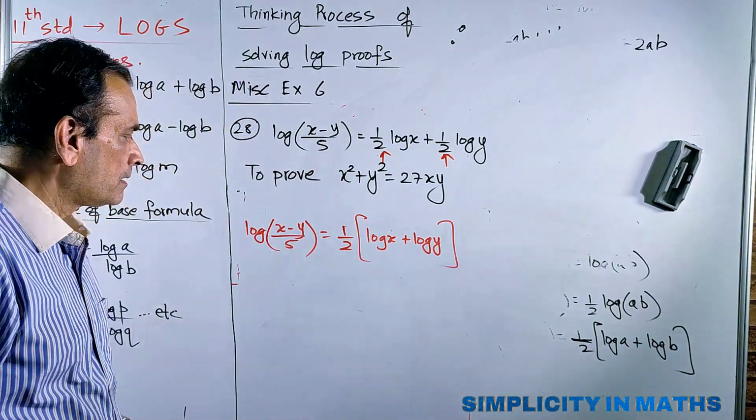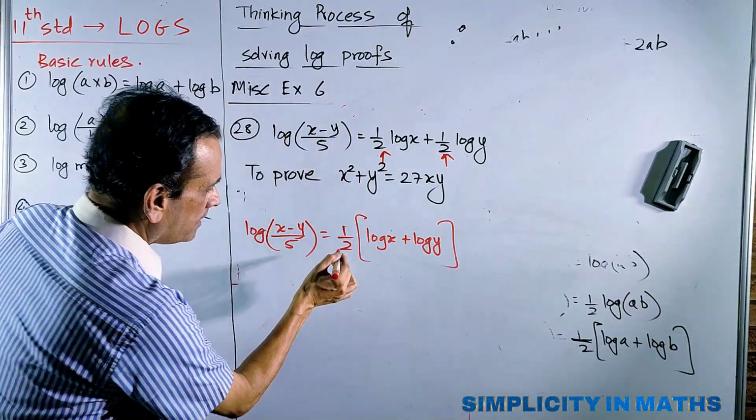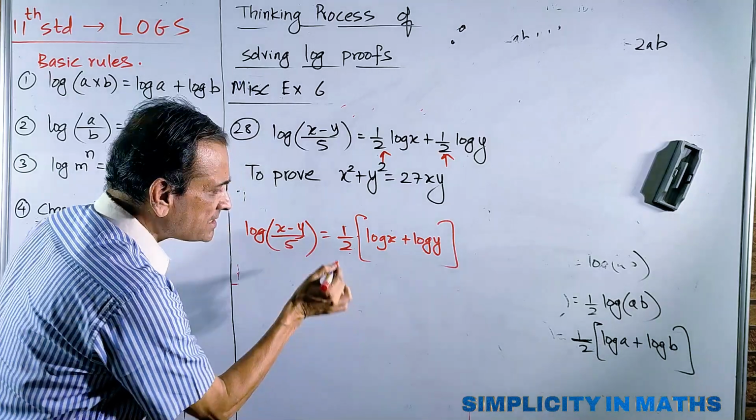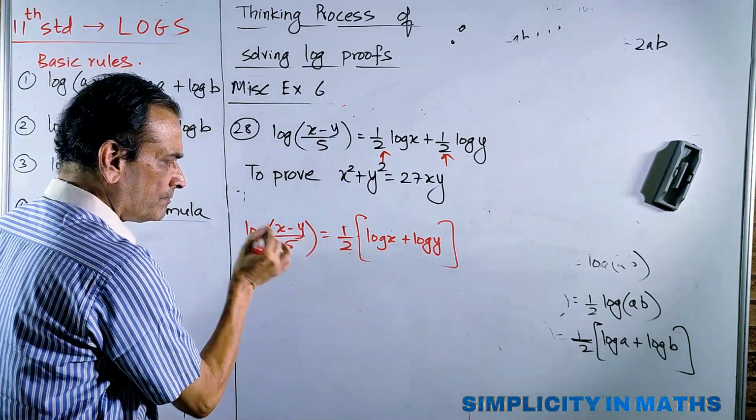Clear? Then, because you have a multiplication sign, I'll take 2 on the other side.